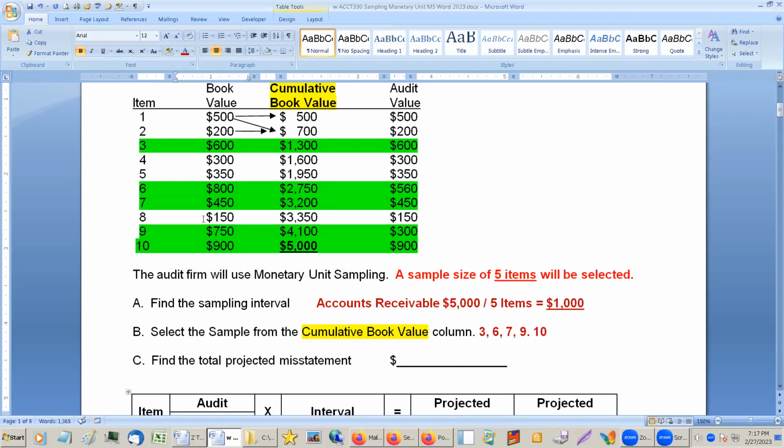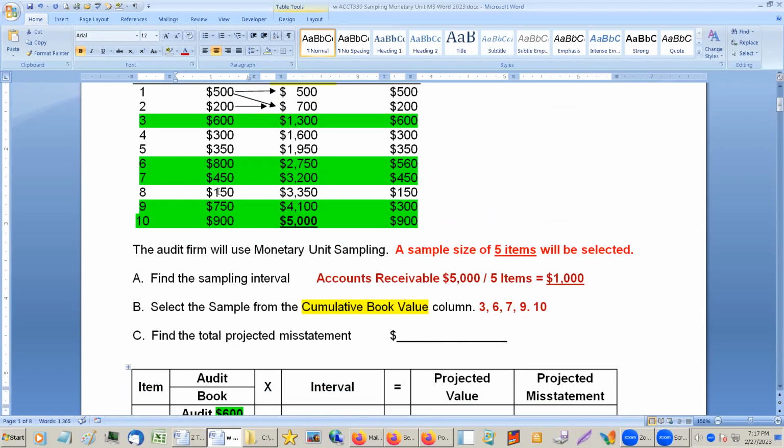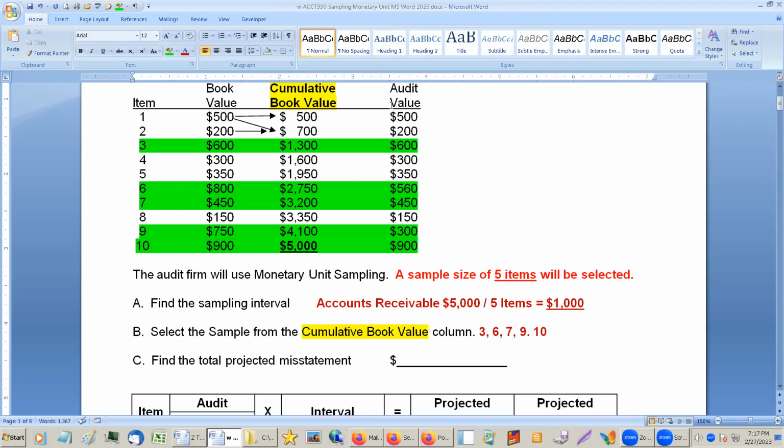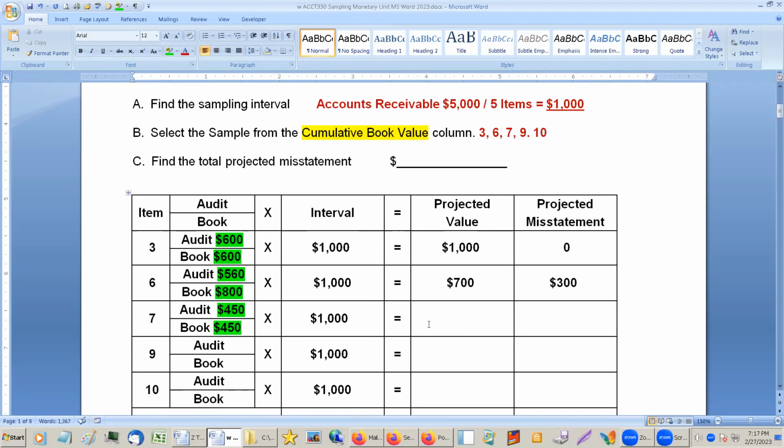All right, so we go to 7, 450 and 450. So this is still 1,000. 450 over 450 is just 1, so there's no problem with this one.